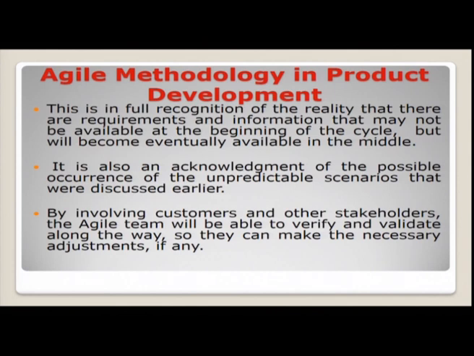It is also an acknowledgement of the possible occurrence of the unpredictable scenarios that were discussed earlier. By involving customers or the customer representatives and other stakeholders of the agile project, the agile team will be able to verify and validate along the way so that they can make the necessary adjustments if any.